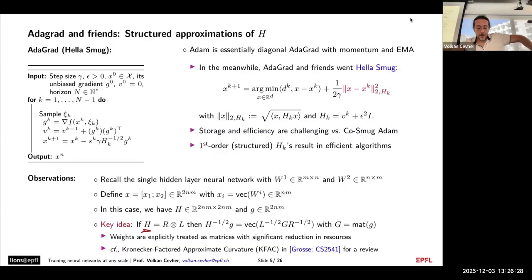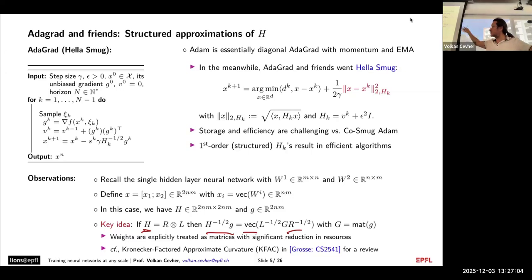In this particular case, right and left here are matrices, and you choose them appropriately in the dimensions of the layers themselves. Then you use a simple linear algebra identity, which says H inverse G is a vectorized form of L to the minus 1/2 times G, where G is now treated in the ambient dimension of the matrix itself, times R to the minus 1/2. So you see the left preconditioning and the right preconditioning on the gradients here.